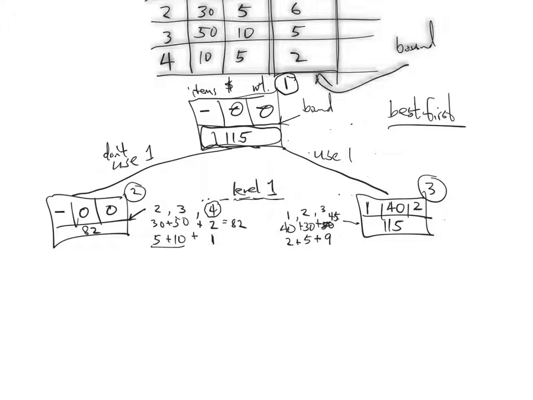They're actually upper bounds. So from this node, we can't make more than $82. On this node, if we pursue it, there's at least a chance of making 115. We may not be able to, but we know over here we can't make more than 82. So it makes some kind of heuristic sense to proceed with this one. So node 3 is the one we pursue.